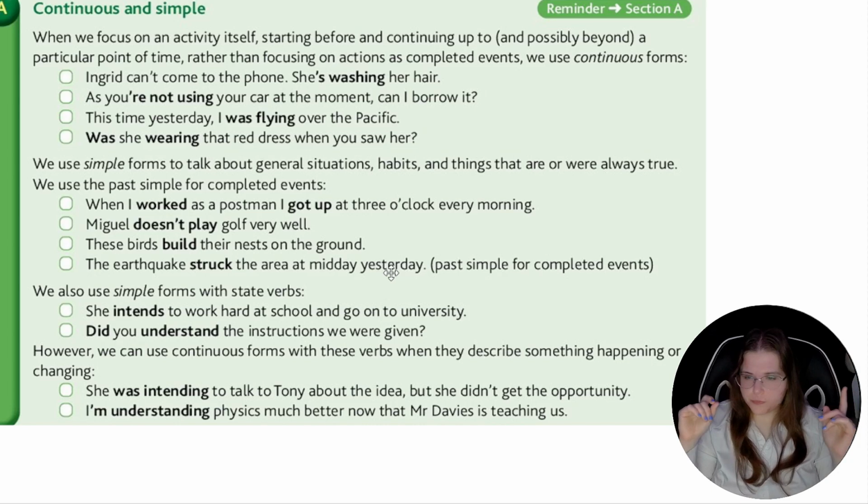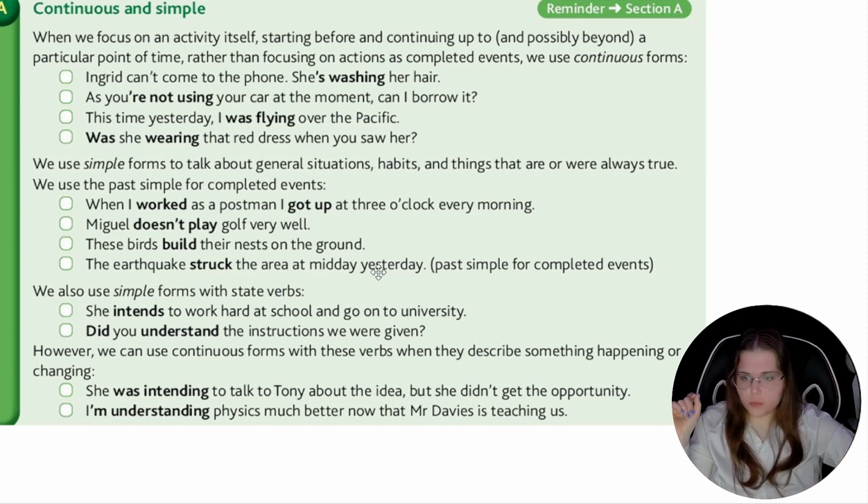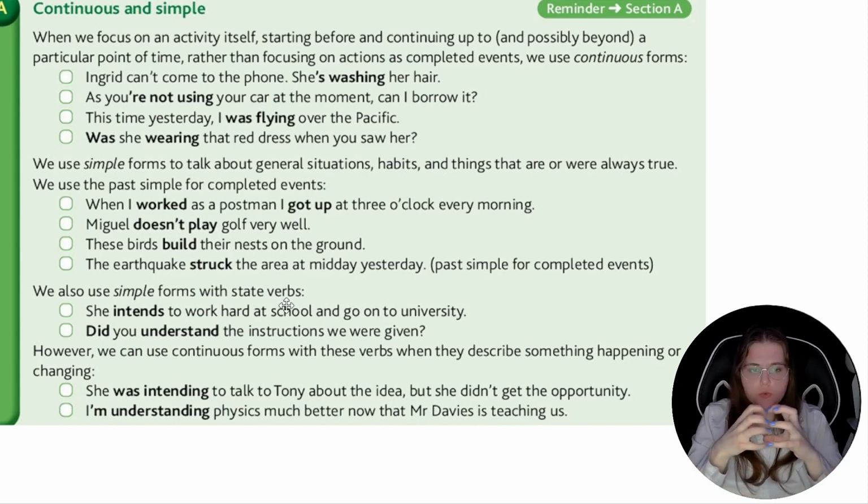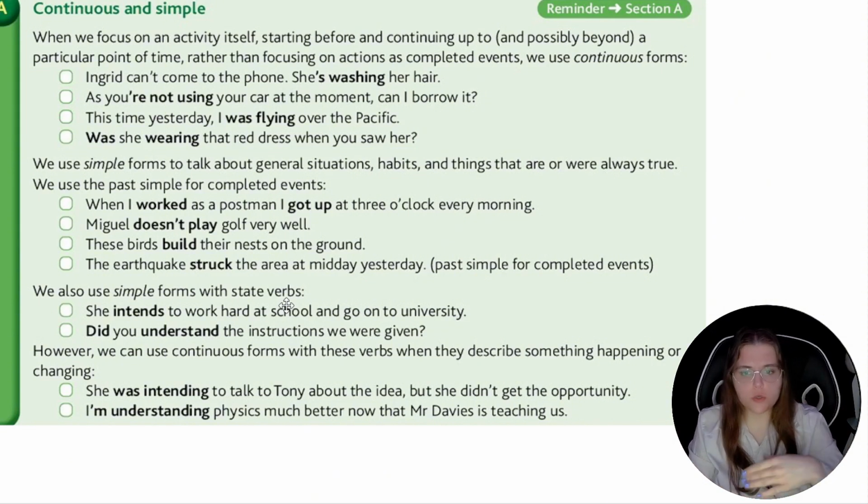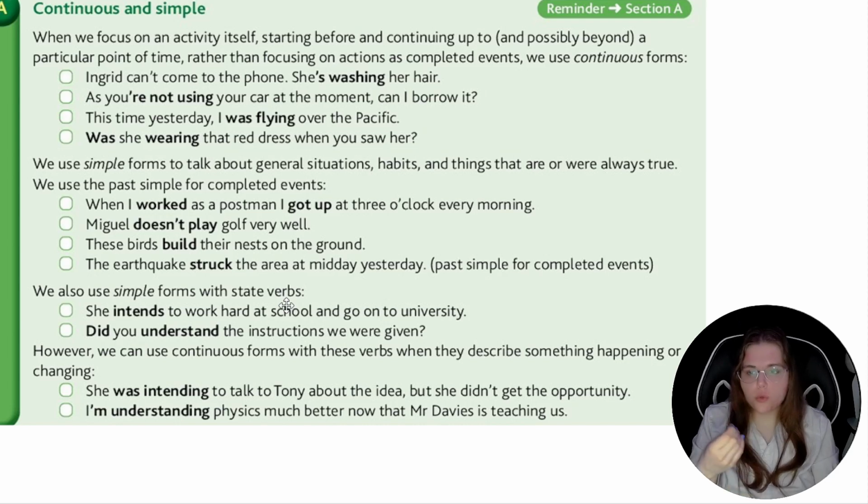Well, next. We also use simple forms with state verbs. State verbs are the verbs which we can't use like in a process. For example, own. I have this phone or I don't have this phone. I own this house or I don't own this house.